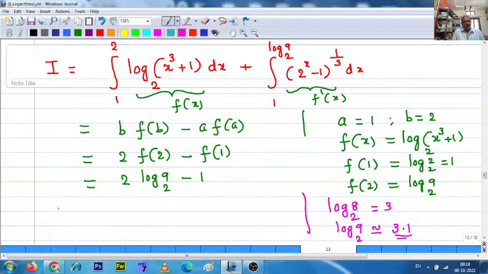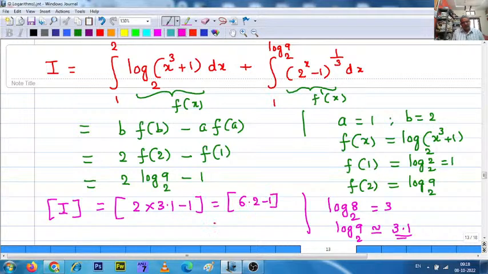Let us substitute. Now what we need to find out is the greatest integer function, the integral part of I. That means the integral part of 2 times the approximate value 3.1 of log 9 to the base 2, minus 1. So the integral part of 6.2 minus 1, that is the integral part of 5.2. So our answer is 5.